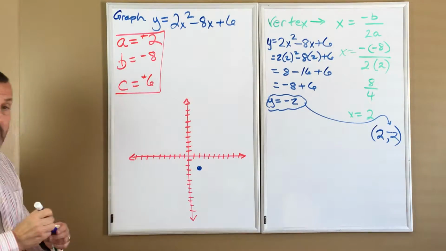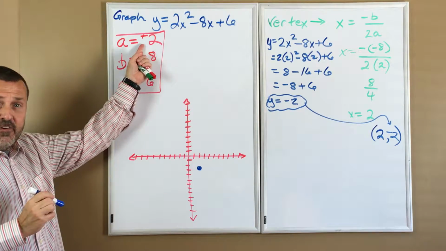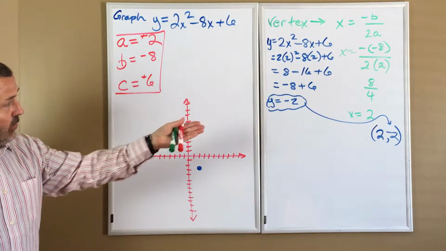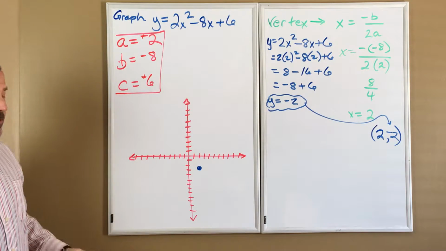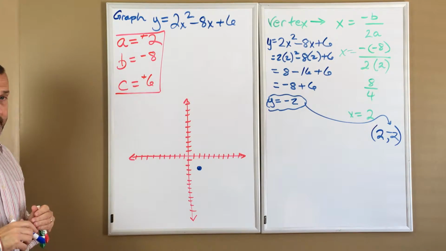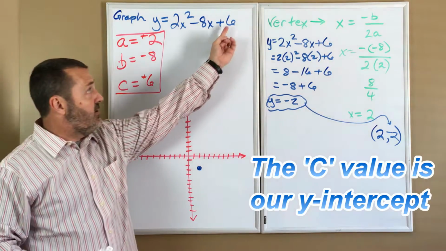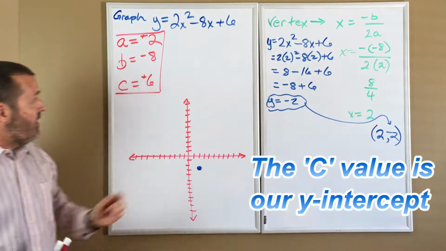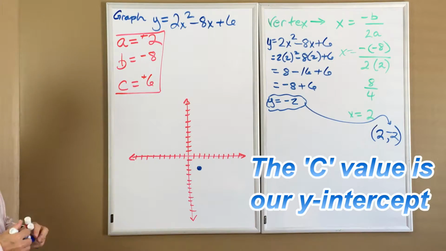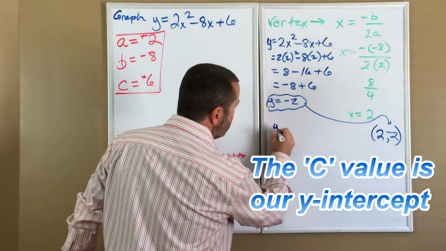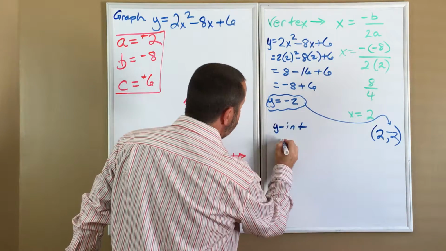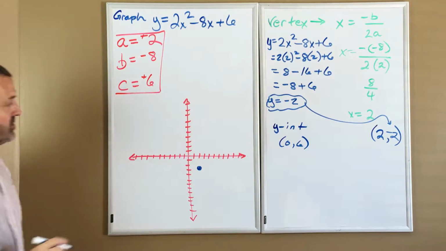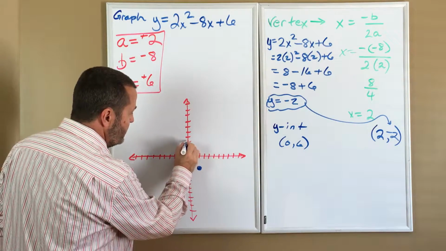And remember, we know because it's a positive a value that it's going upward. Now, we have the vertex. Now, there's one more thing about this function. Whatever my c value is, that is my y-intercept. So I know that my c is 6, so my y-intercept is 0, 6.